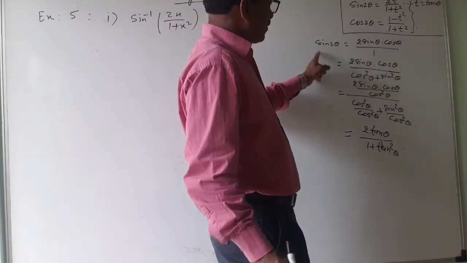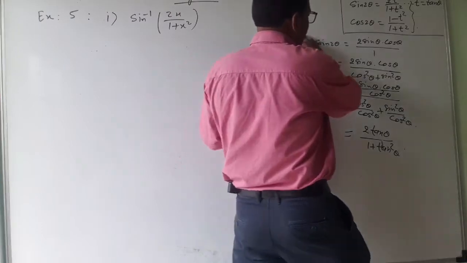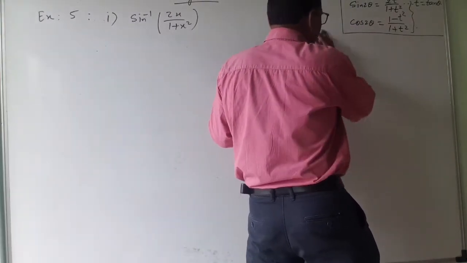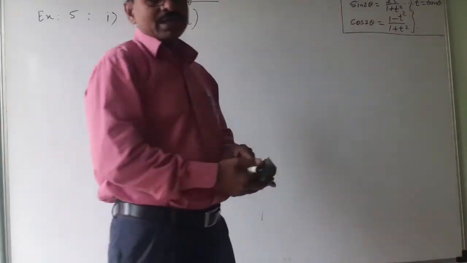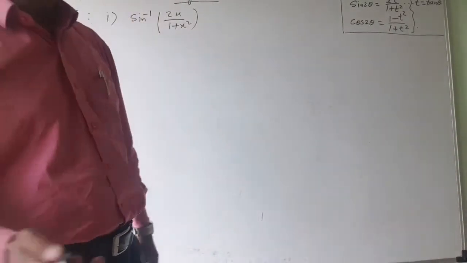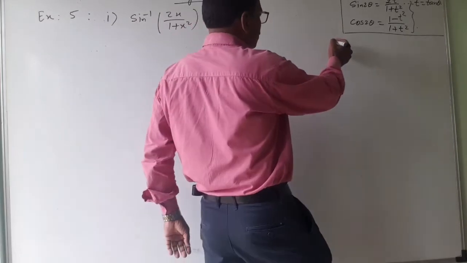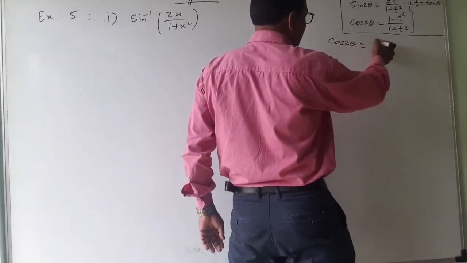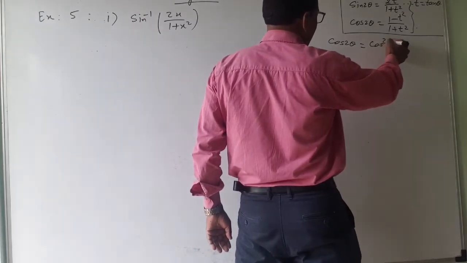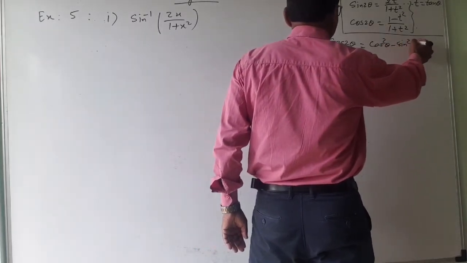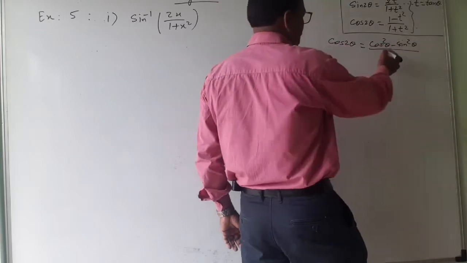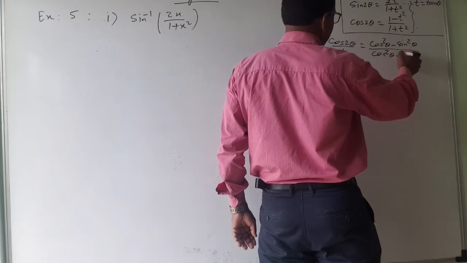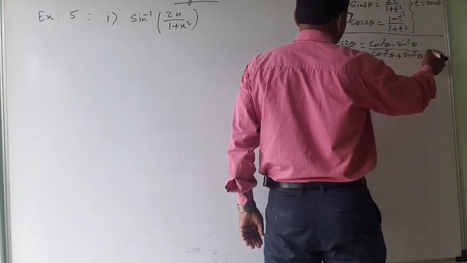Now I will explain this also. Earlier I have explained this, but now I will take the opportunity to explain it again. If you want to be very scholarly in mathematics, these things should be on your fingertips. So cos of 2 theta is nothing but cos square theta minus sin square theta upon 1, upon 1 meaning cos square theta plus sin square theta.